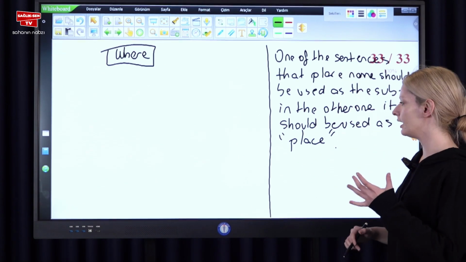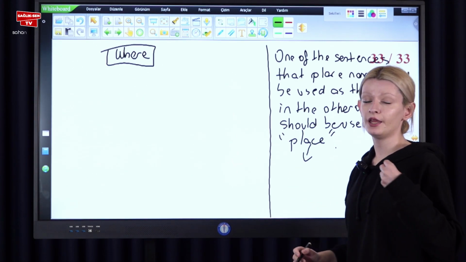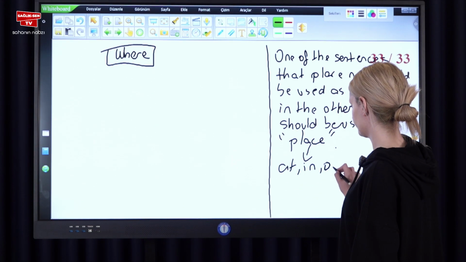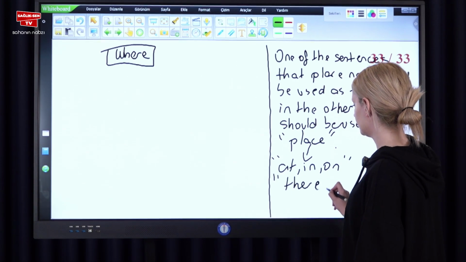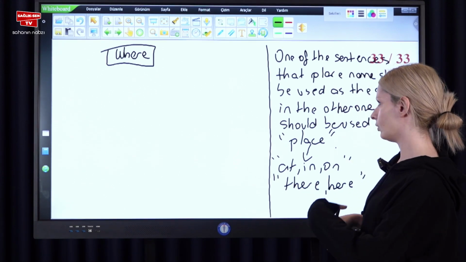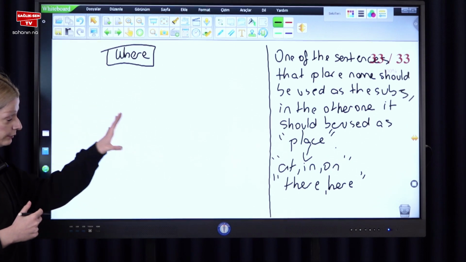And how can I understand that it is used as a place? There can be a place preposition, or there can be there or here to emphasize that it is used as a place.